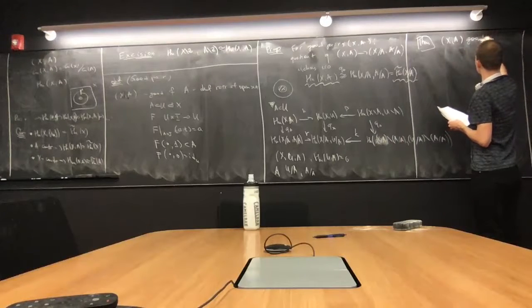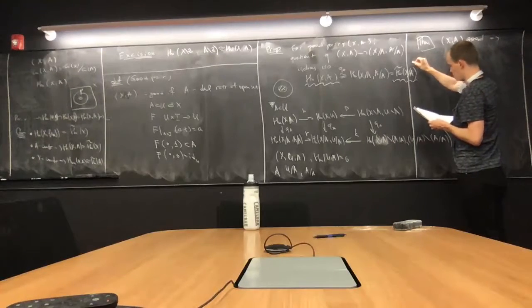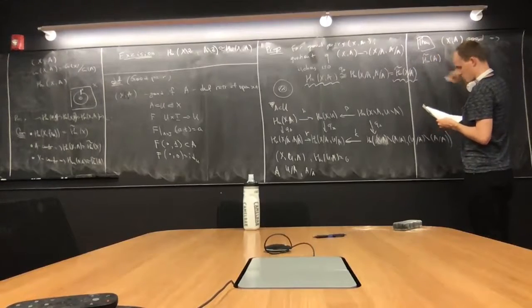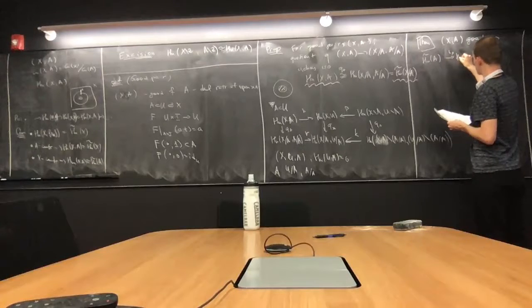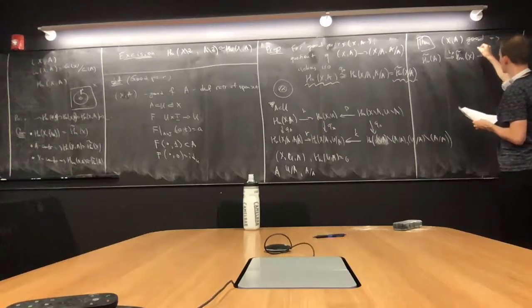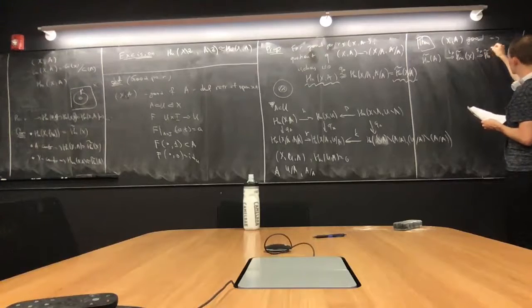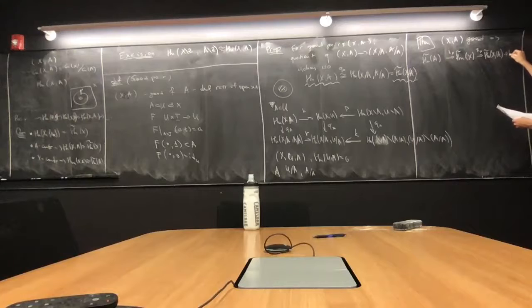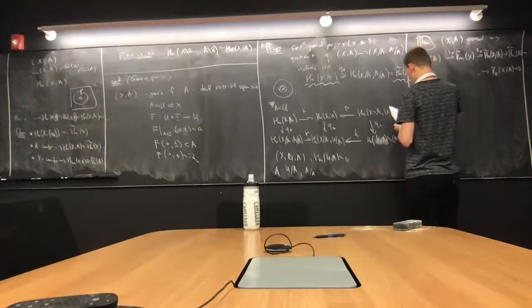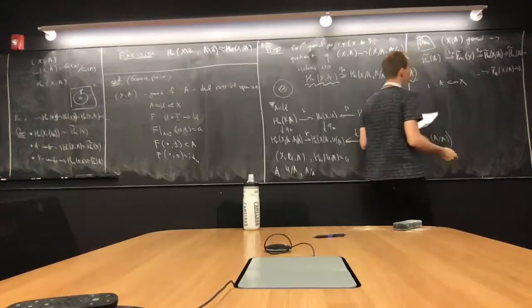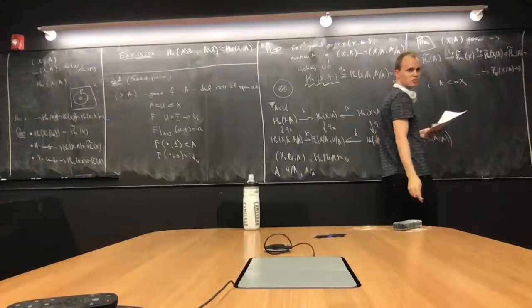If this is a good pair, then there's an exact sequence like this in reduced homology, and it ends with H0 tilde of X over A. Here, i is just the inclusion of A into X. So these chains get included into those chains.